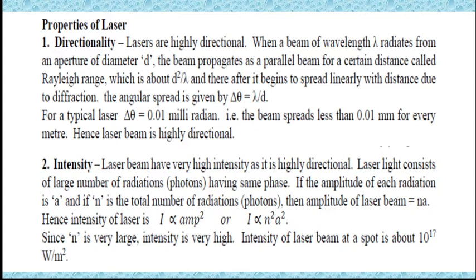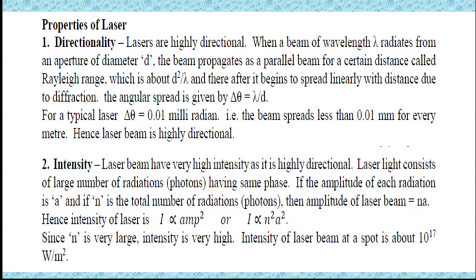If there are n number of photons, then the amplitude of the laser beam will be equal to Na, where n is the number of photons in the laser beam and a represents the amplitude of each photon. Therefore, Na represents the net amplitude of all the photons in the laser beam.